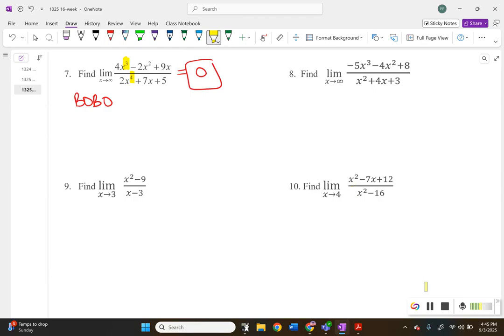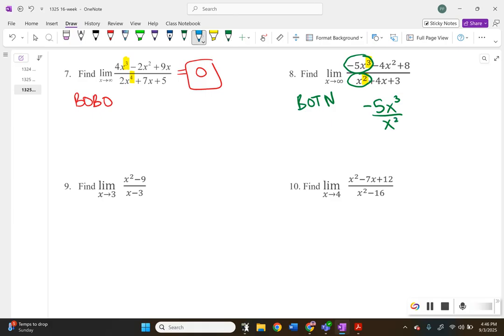Number 8 is also the limit as x is approaching infinity. So I look at the highest degree on top, which is 3, and the highest degree on bottom, which is 2. And this time it is bigger on top, none. So that means I need to take this entire term and this entire term, and I'm going to put those over each other.